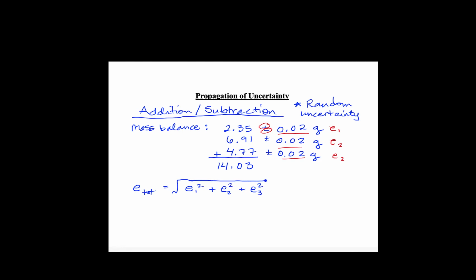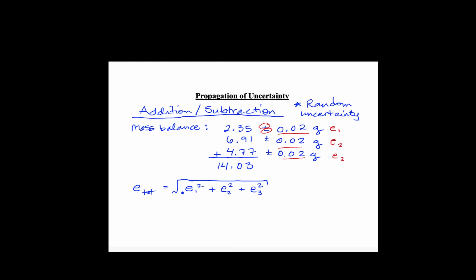We're going to add the squares and then take the square root, and that's going to be our total uncertainty. And this helps to adjust for the uncertainties and take into consideration that our uncertainty is increased since we have 3 measurements, but that probably it's not as much as 0.06.